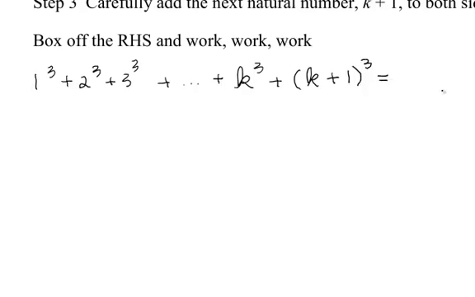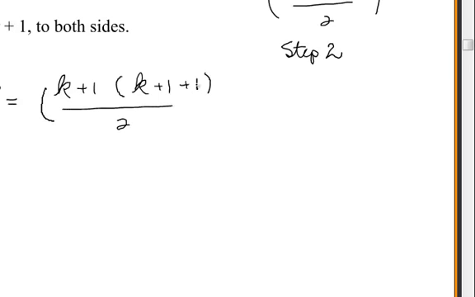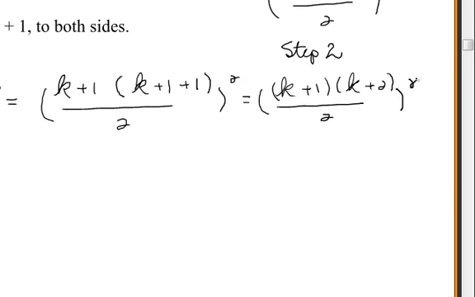And that's going to equal, now let's write this out very carefully. k is now k plus 1 times k plus 1, from the formula, divided by 2, quantity squared. So that's (k plus 1) times (k plus 2) divided by 2, squared. This is what I've got to show.